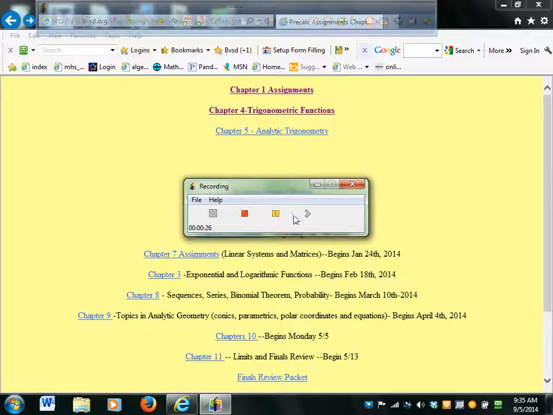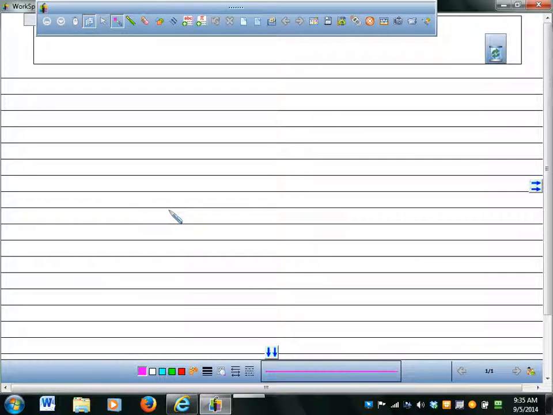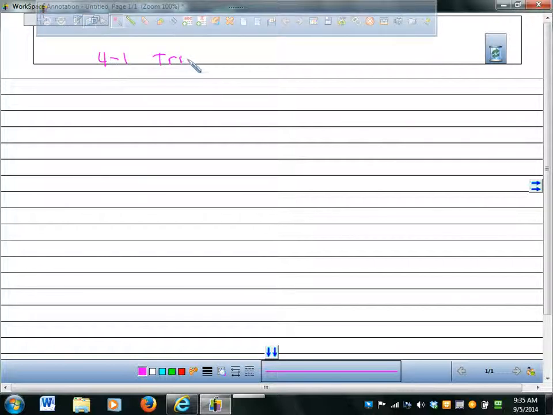All right. So anyway, we're going to start in with what is called trigonometry. This is section 4-1. Trigonometry. Anyone know what Greek words that comes from?